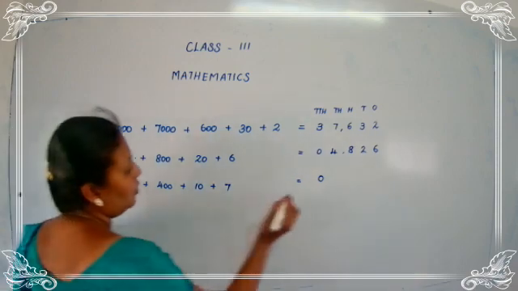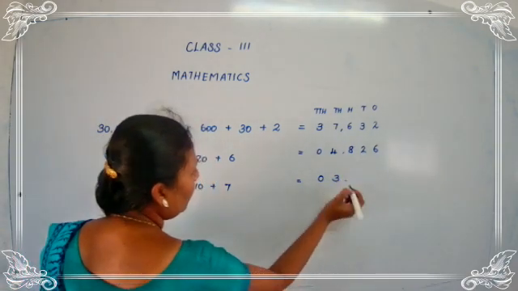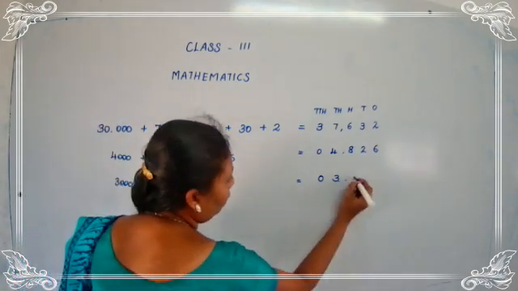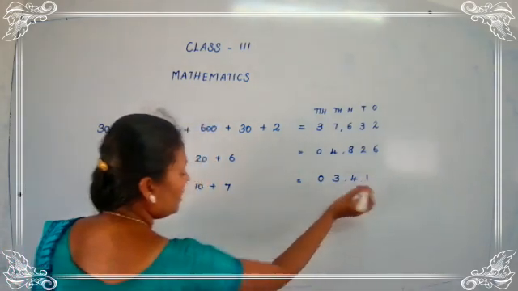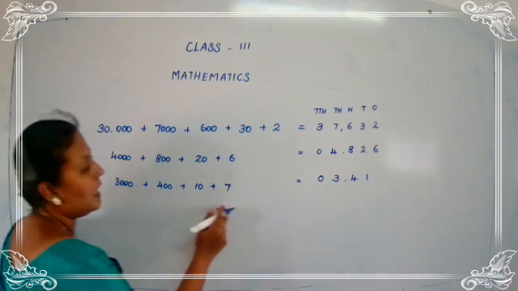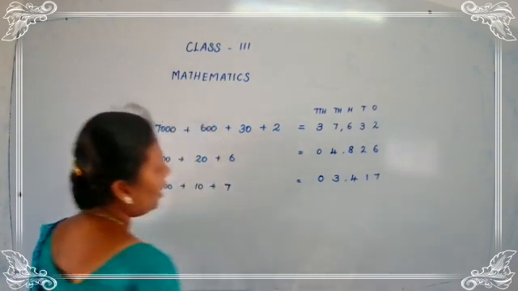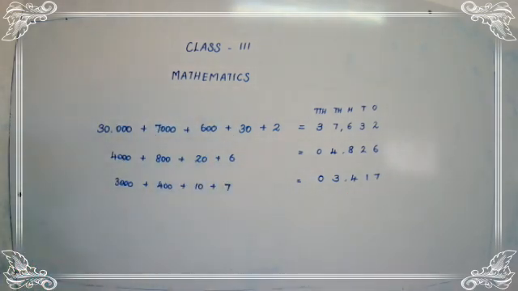We have to use 3,000. How many hundreds? 400. How many tens? 1 ten. And how many ones? 7 ones. Now read this one. 3,417.